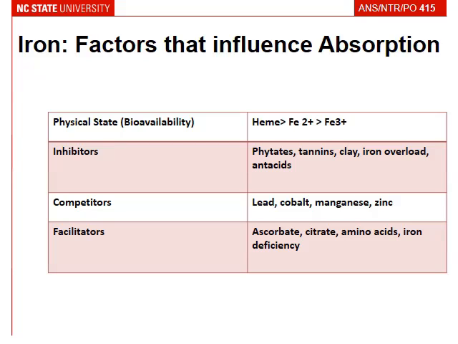We also have here the physical state, the bioavailability. So our most readily available is going to be heme. Then we have the ferrous, and then ferric iron is the worst. So our ferric iron is the least available to us, and we have to reduce that back to ferrous.